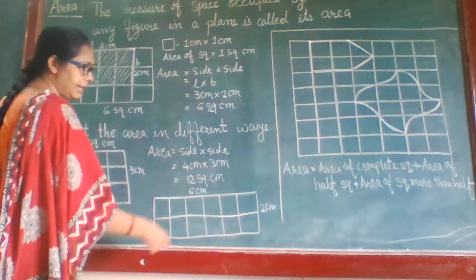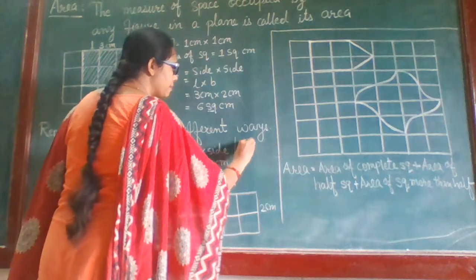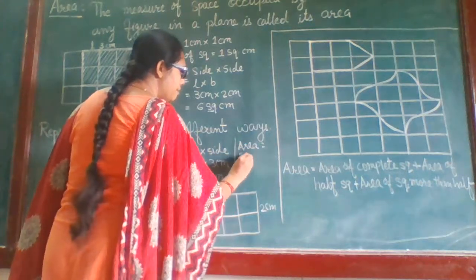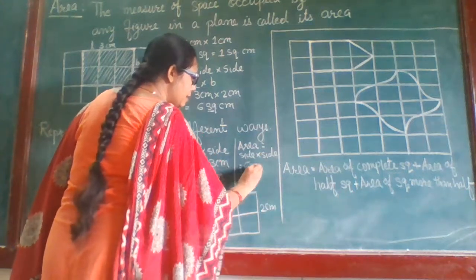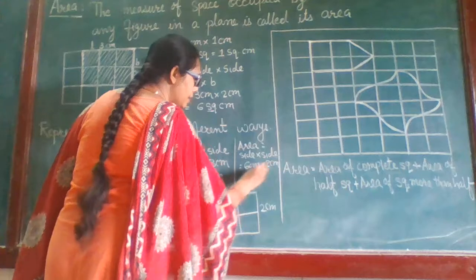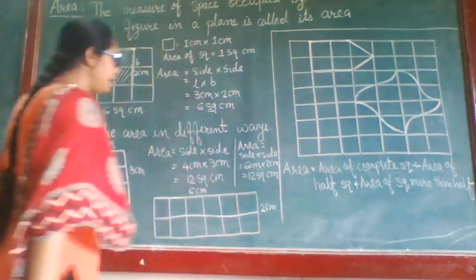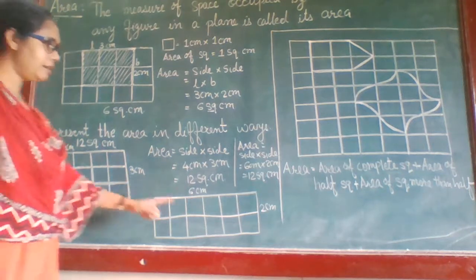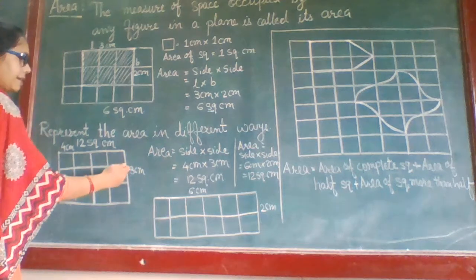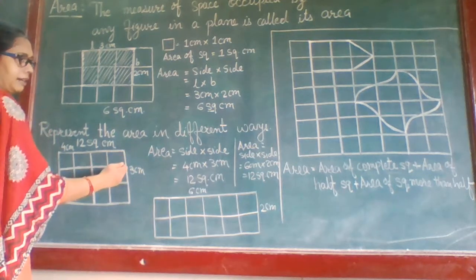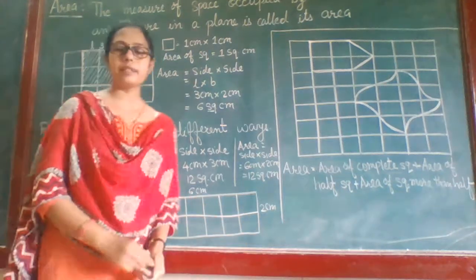So the area is equal to side multiplied by side. So 6 centimeter multiplied by 2 centimeter is equal to 12 square centimeter. This one is also 12 square centimeter. So I represented the same area in different ways. Understood? Yes.